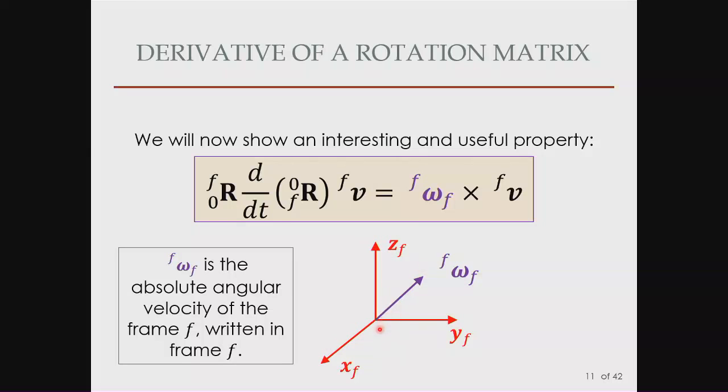And this omega f corresponds to the absolute angular velocity of this frame, expressed along these red axes, because it's a vector. Is this a unit vector? No, not necessarily. It means that this red frame rotates about this direction, and the speed of that rotation is the same as the magnitude of this vector.